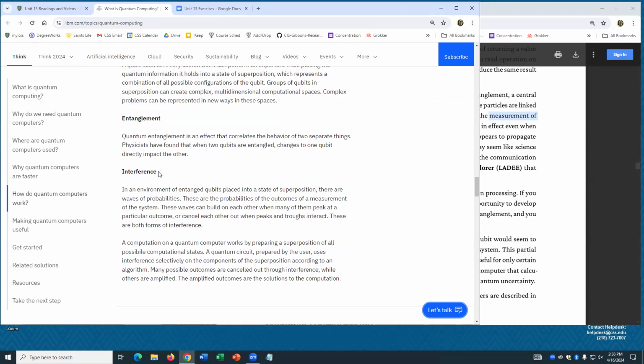Okay, so let's talk about interference. Interference, like anywhere else, is going to cause us trouble, any sort of noise or fluctuation or problems.